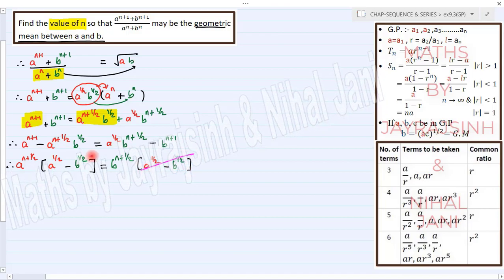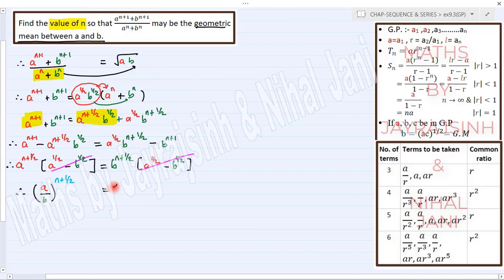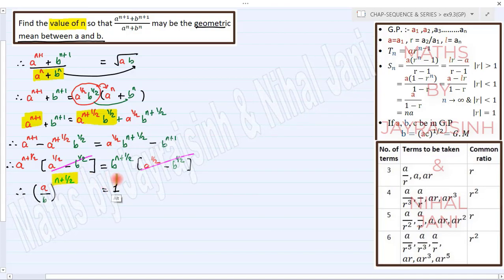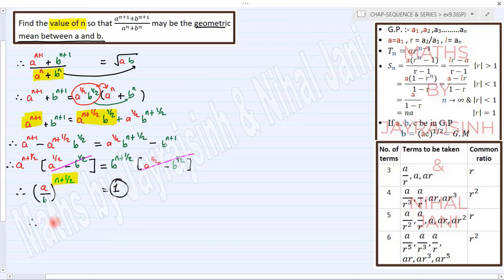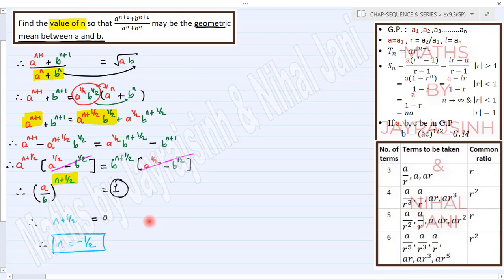These equal terms will be cancelled out and we will get a by b raised to n plus 1 by 2 is equal to 1. And we know that anything raised to 0 is equal to 1. That means the power must be equal to 0, which will give us n is equal to minus 1 by 2 as the final answer. Tada!